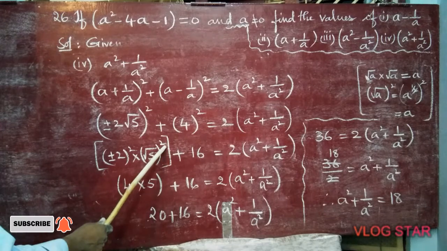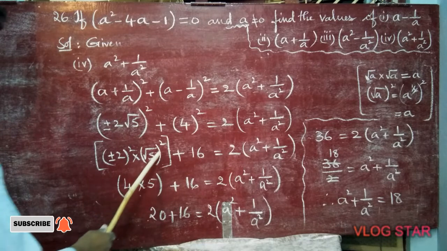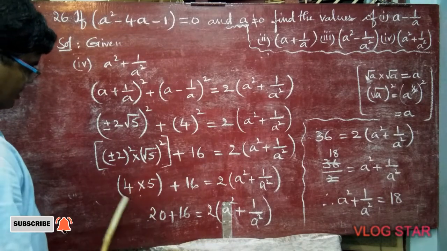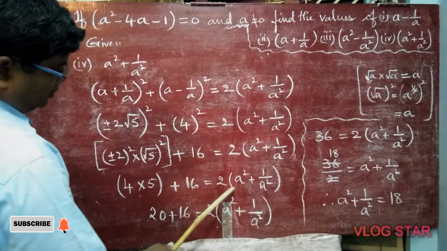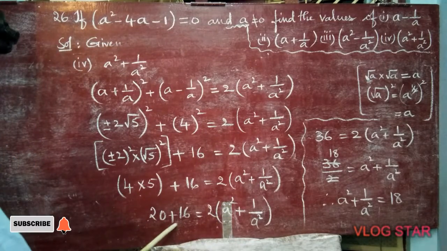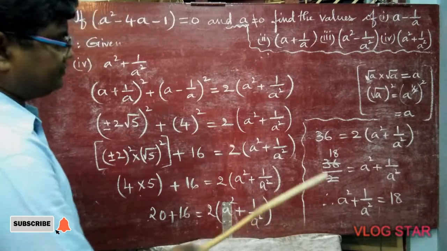What is the meaning of root 5 whole square? Root 5 into root 5, 5. Or otherwise, another form is half, the 2s get cancelled. Keep it in one bracket. This is all the first term. Plus 16 is equal to 2 into (a square plus 1 by a square). 4 fives are 20, plus 16 is equal to 2 into (a square plus 1 by a square).